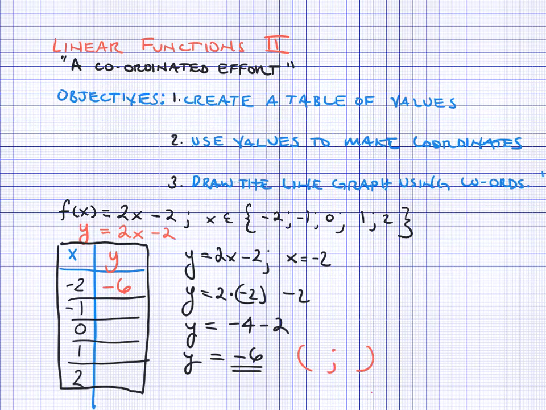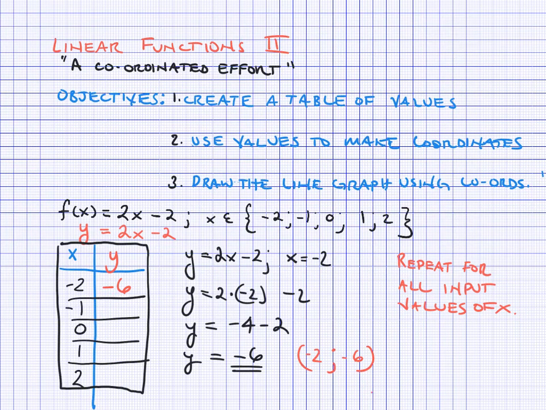I can write that coordinate using the x value and the y value. Now what I need to do is repeat this process for all values of x. So I'm going to put minus 1 into the rule, then 0, 1, and 2, and record whatever I get out.